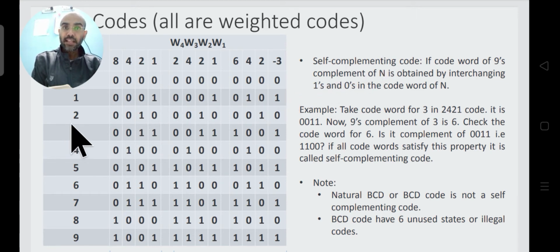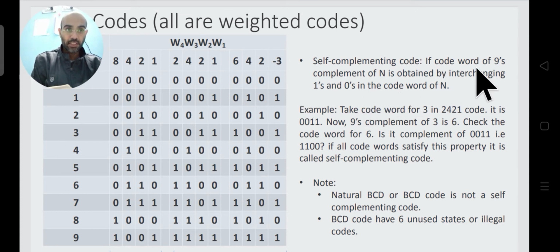If I take the 9's complement of a particular number and also take the 1's complement of that number, I should get the complement of the number. If we do the complement of this number, we should get the complement of this also. Then we call it a self-complementing code.